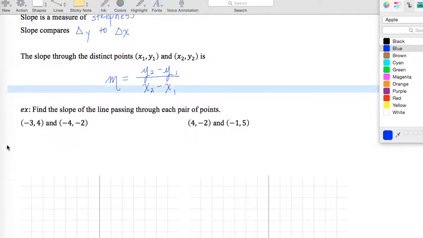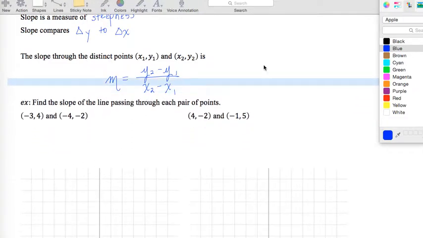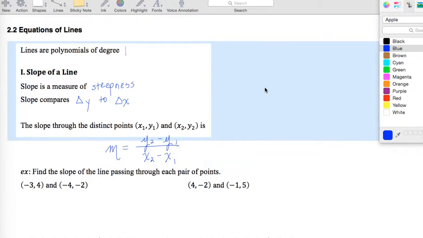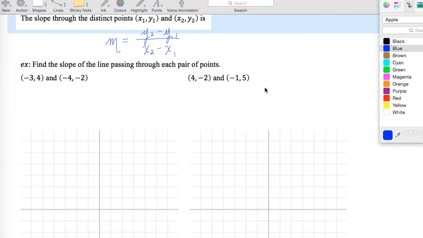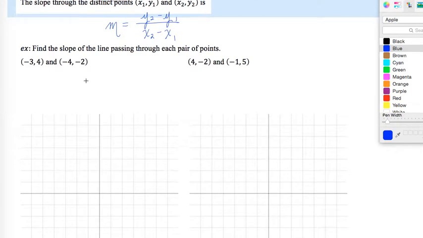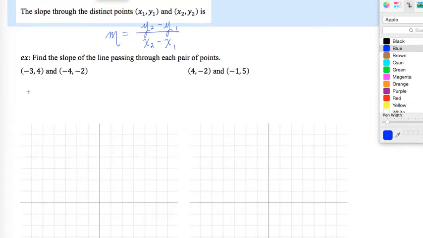Okay, so I'm finding the slope through those 2 points. So here we go. We're going to compute m as, now it doesn't matter which point you call x1, y1 and which point you call x2, y2. You'll get the same answer.